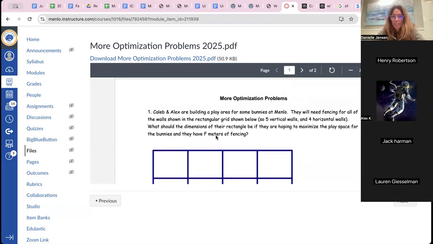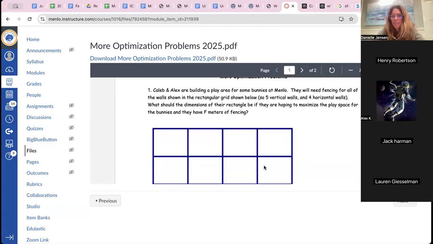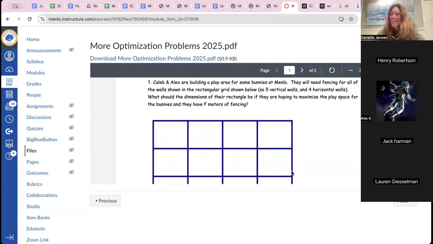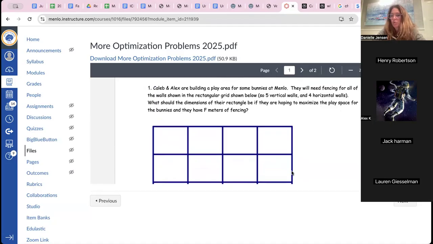Yeah. Great. So I put two different types up here. One of them is a fencing problem. Caleb and Alex are featured in it, where it's just a little bit more complicated than what we've done in the past. In fact, this was on either a quiz or test in the past. I try to choose things that I've put on assessments in the past.